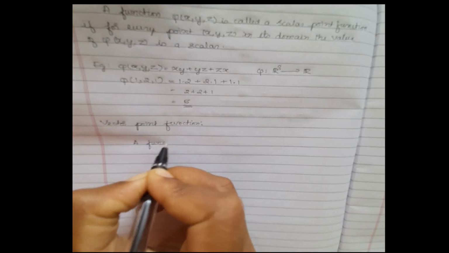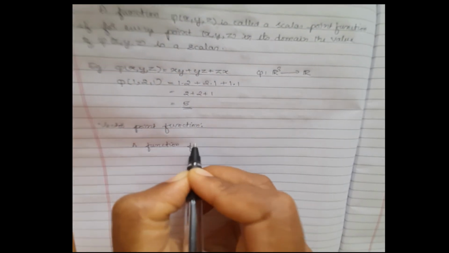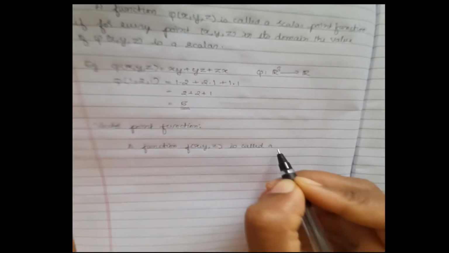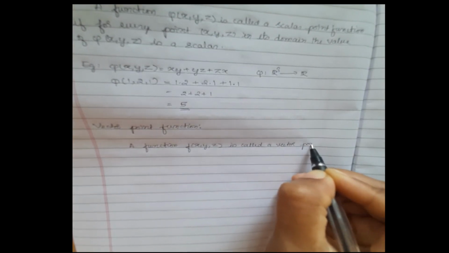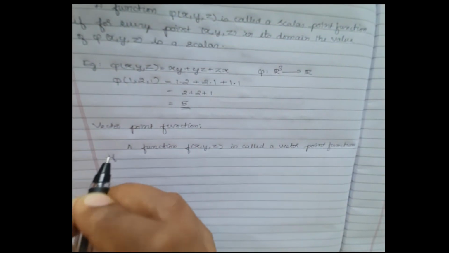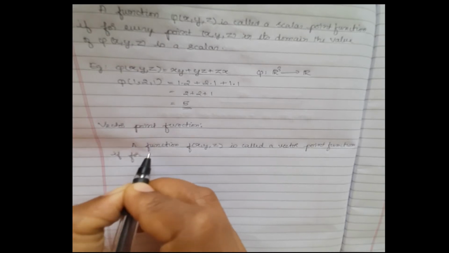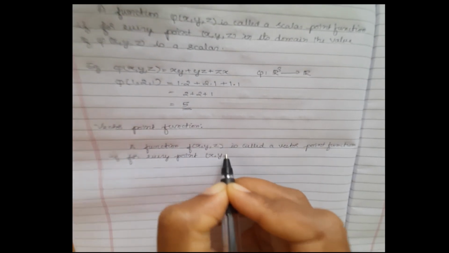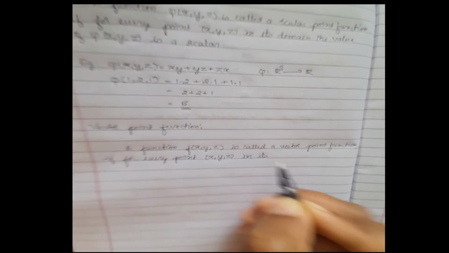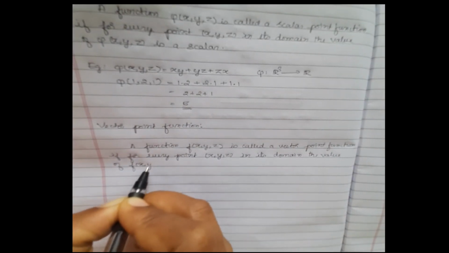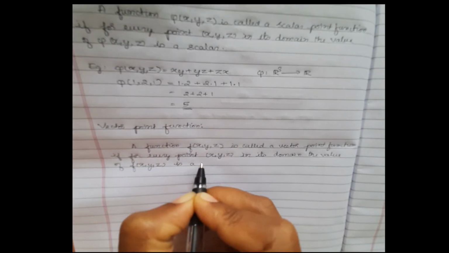A function f of x, y, z is called a vector point function if, in the same way, for every point x, y, z in its domain, the value of f of x, y, z is a vector.